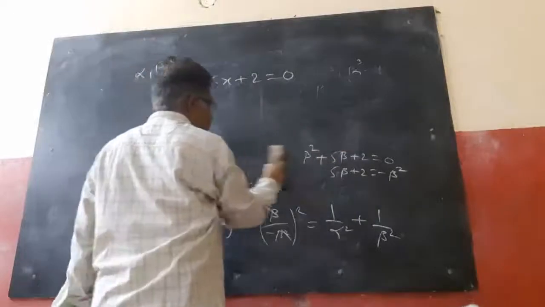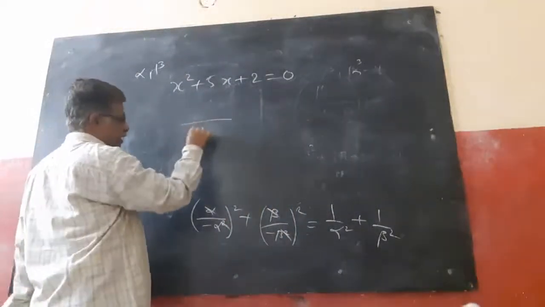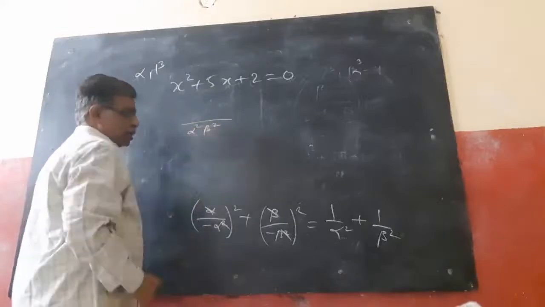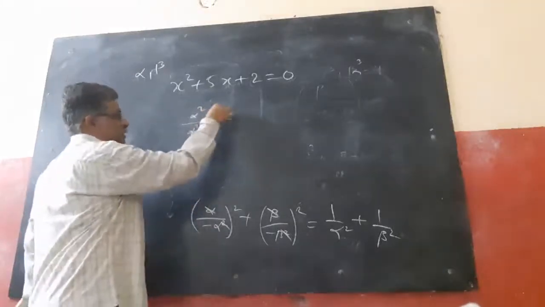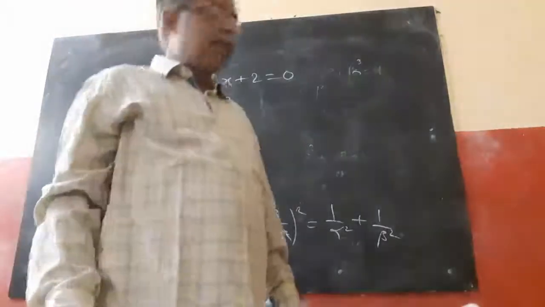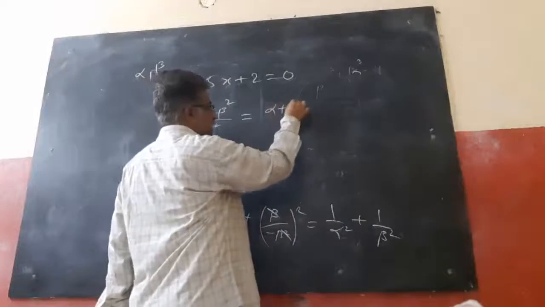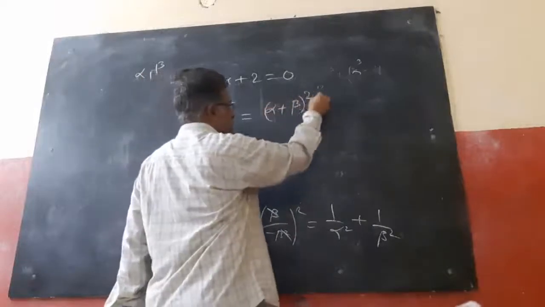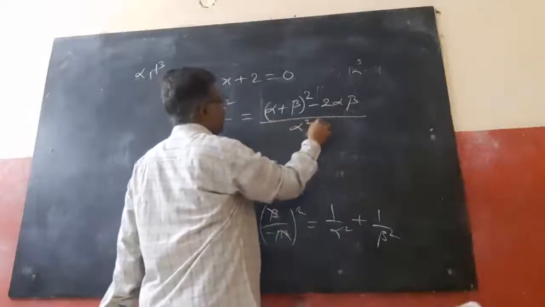You already know. Simply, you can take alpha square beta square LCM. This becomes alpha square plus beta square, and this alpha square plus beta square I can write as alpha plus beta whole square minus 2 alpha beta, by alpha square beta square.